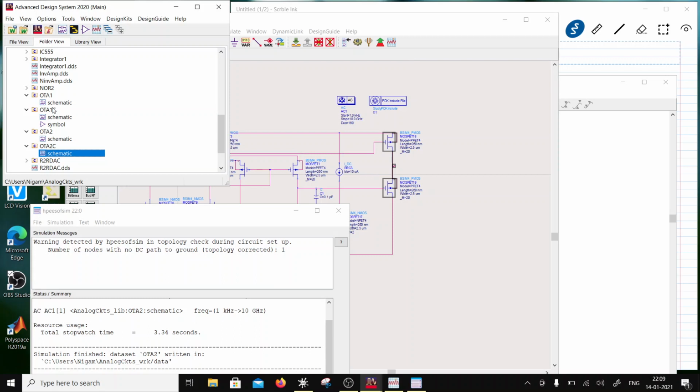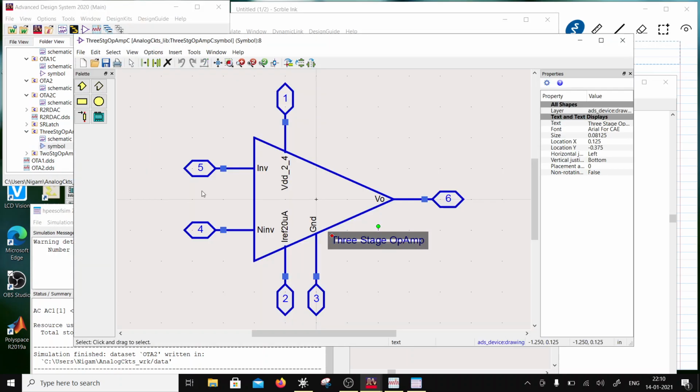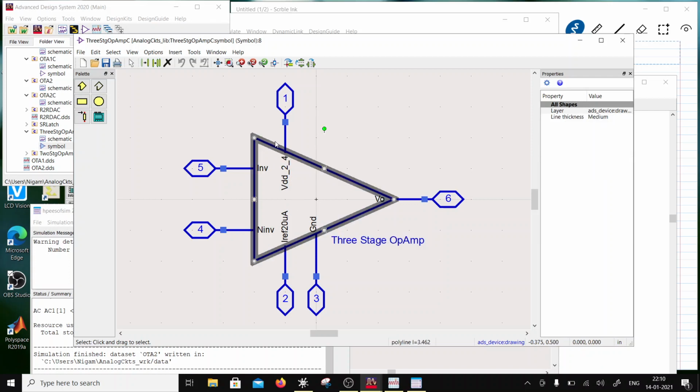So what I'll do is take an op amp symbol and just copy it over here. So if I go to 3-stage op amp, okay, so this is the op amp, right? What I want is just these, so I can just copy these.